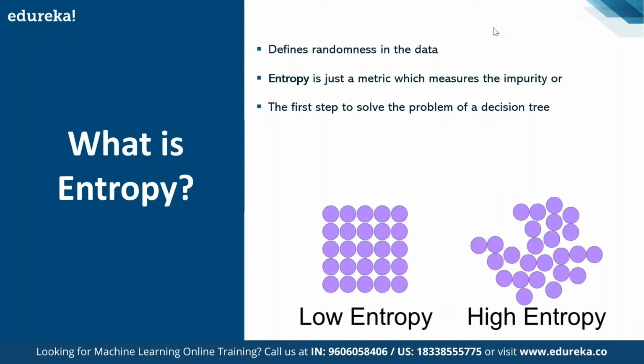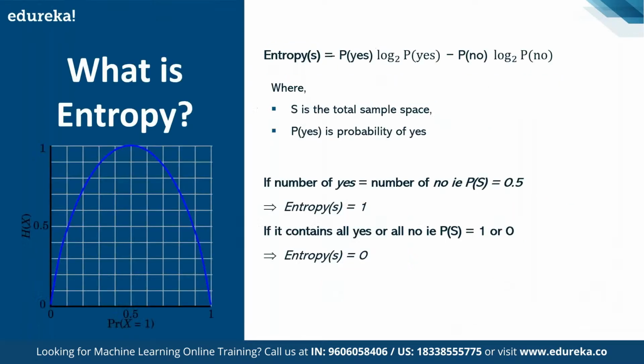Basically you are not sure about your decision, so the entropy will be very high. On the other hand, if you are very sure about your decision, the entropy will be very low. So we need the feature which provides the lowest entropy rather than the highest entropy, to select it as a good feature.